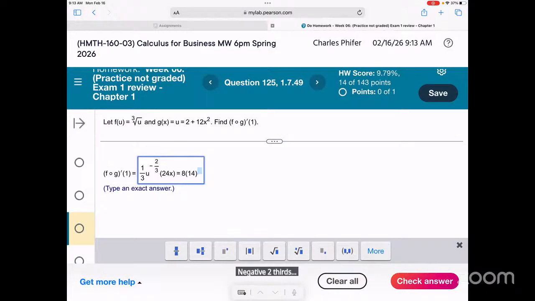Okay. Let's see if we can simplify this down further. I think I'm going to just go with this result.